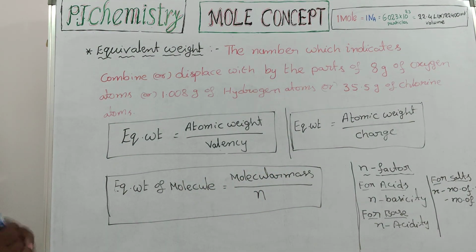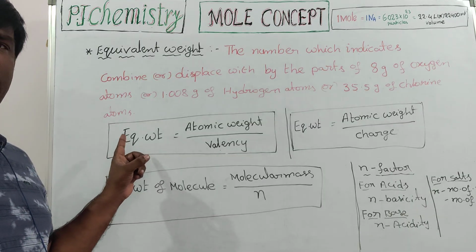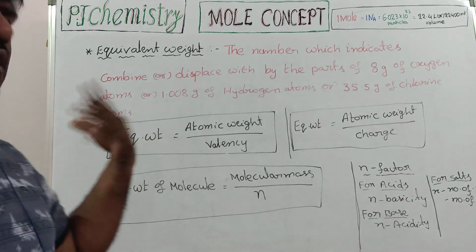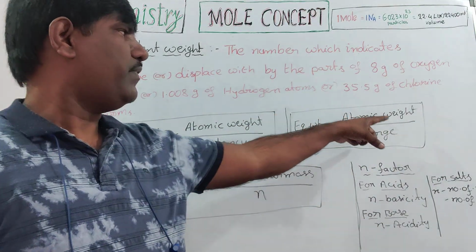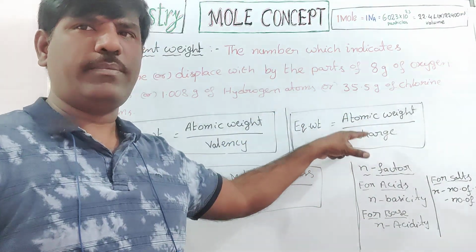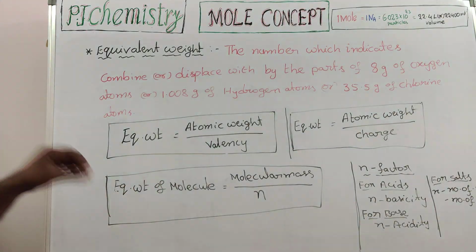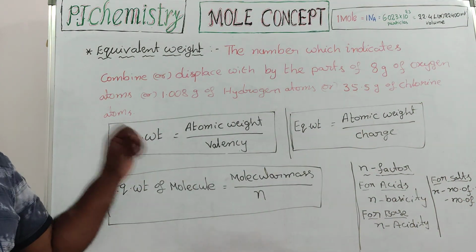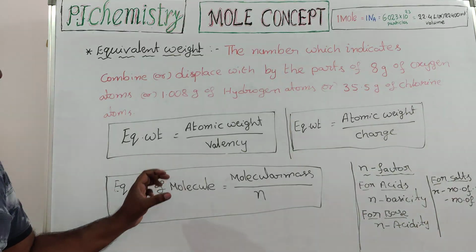So, what is the formula for atoms? To find the equivalent weight for atoms, it is atomic weight divided by valency. If it is an ion, atomic weight divided by its charge, the particular ionic charge. If it is a molecule, molecular mass divided by n factor.